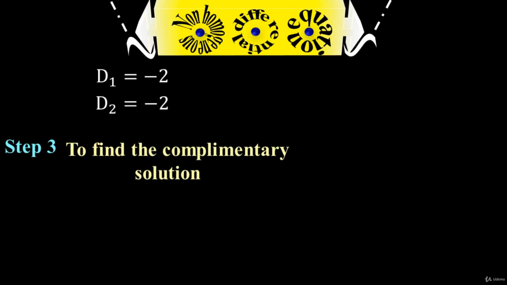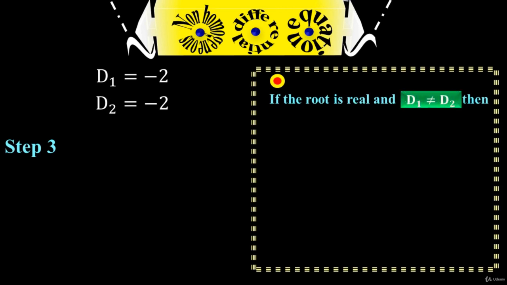Step 3. To find the complementary solution. If you remember the previous topic, second order homogeneous differential equation, for step 3, I have shown you some rules to follow. Let me repeat those rules. Rule number 1. If the roots are real and d sub 1 is not equal to d sub 2, then you're going to put this equation.